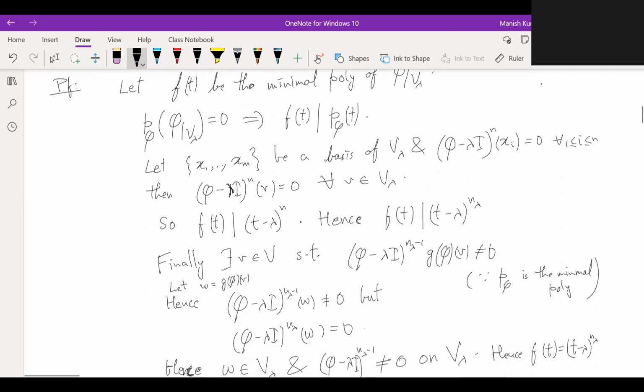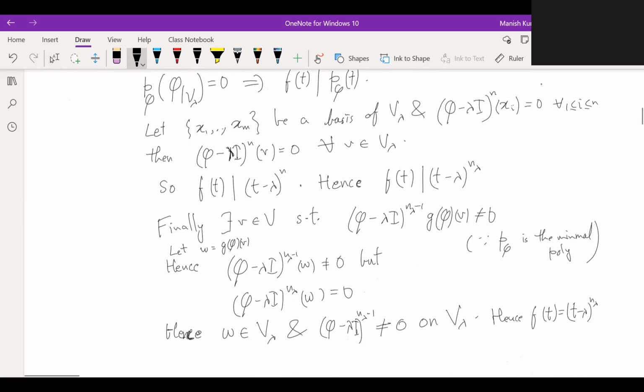But if you apply (phi minus lambda I) to the power n lambda to W, then that is of course 0, because then you are applying the minimal polynomial p phi, which is 0. And if you apply (phi minus lambda I) to the power n lambda to W, that is the same as p phi of v, because W is g(phi) of v.